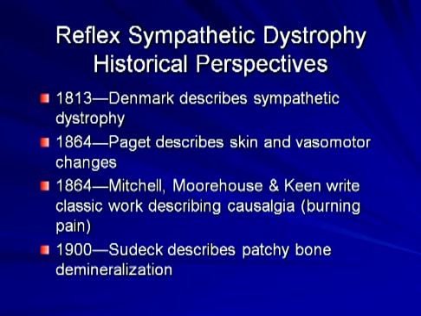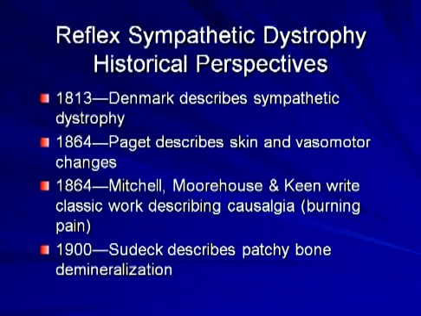It wasn't until the mid-1860s, actually during the Civil War, that the concept of causalgia or burning pain was described. And this was a result of the injuries in the Civil War. High velocity musket ball injuries near nerves provoked the development of this causalgic syndrome.